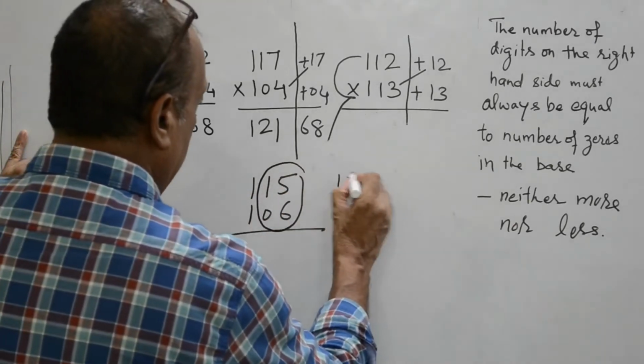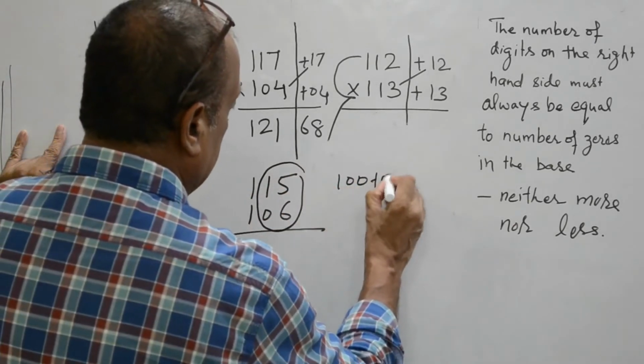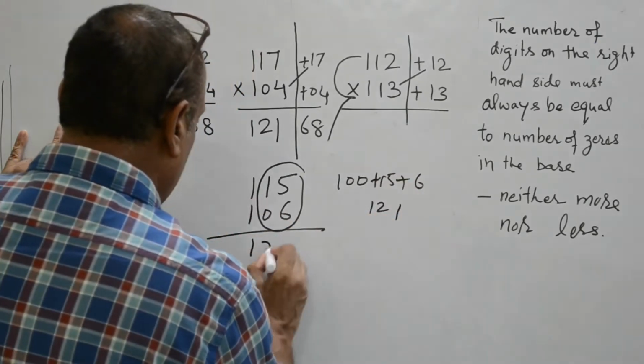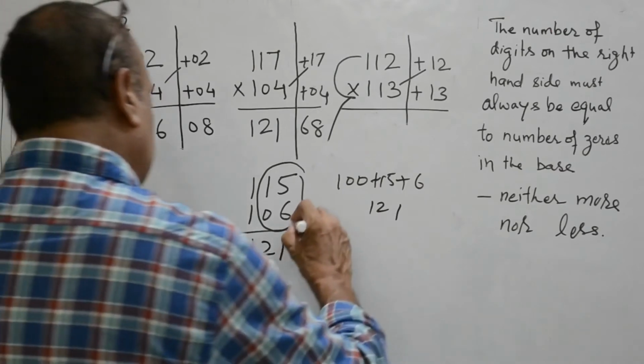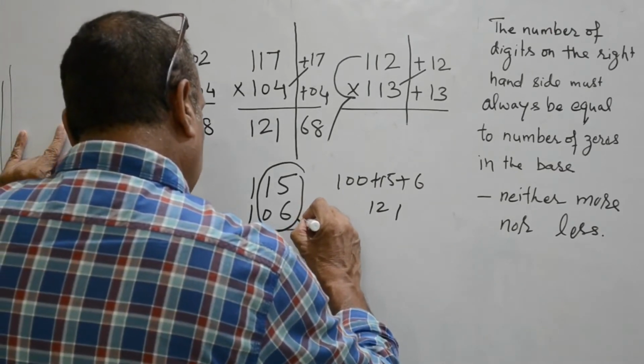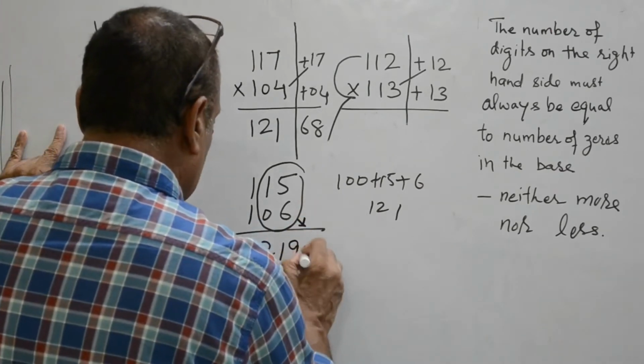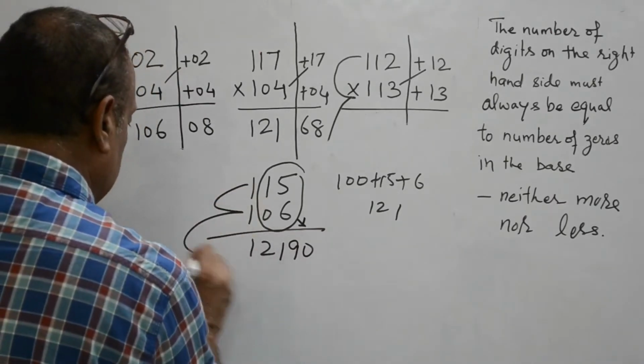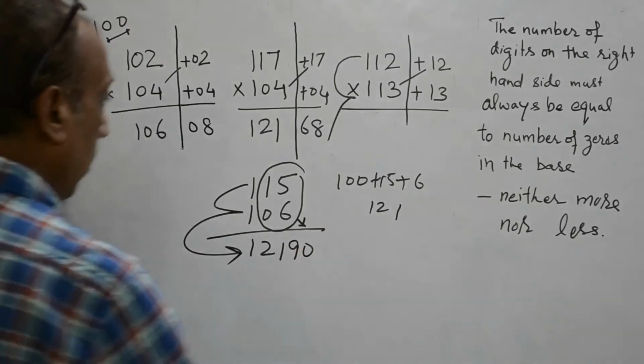When to 100 we add 15 and 6, we get 121. So this is 121. Now multiply again these two numbers, 15 and 6, it is 90. So the answer of the 115 and 106 multiplication is 12190.